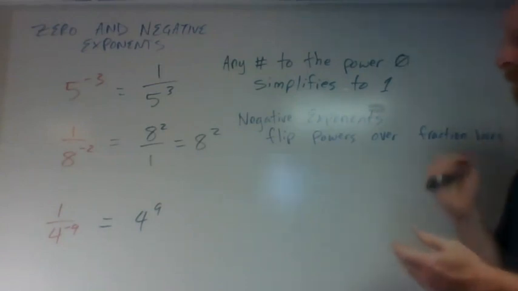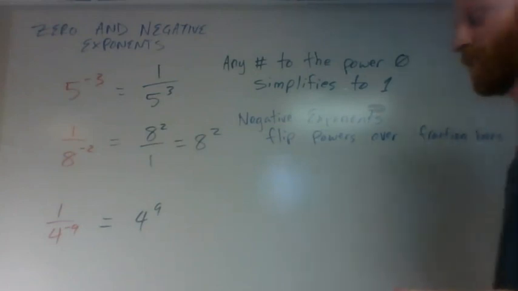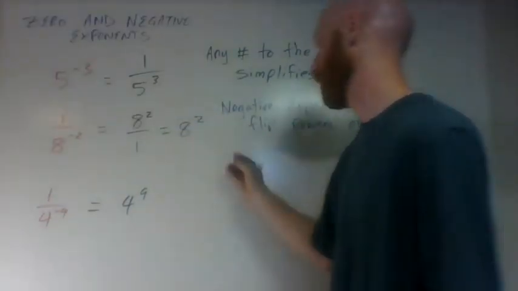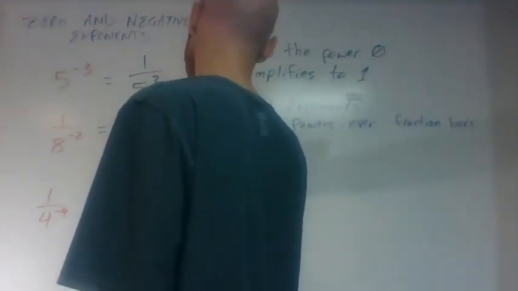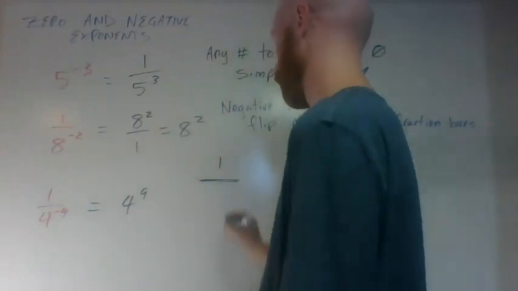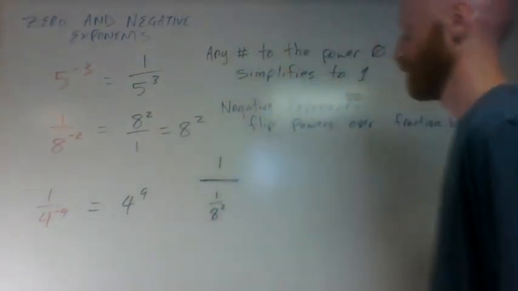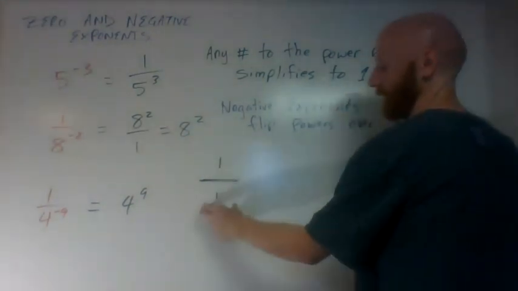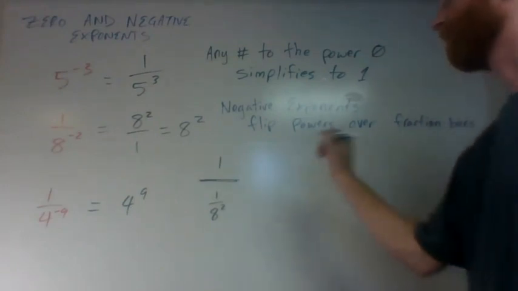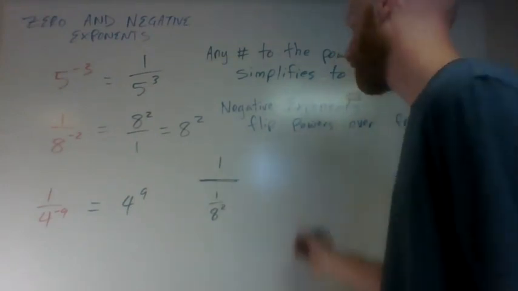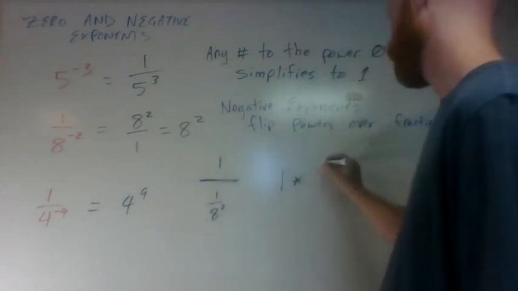why does that work? You're going to have to remember how division of fractions works. If we look at 1 divided by 8 to the negative 2, which is 1 over 8 to the 2, I'm dividing 1 by this fraction. Remember, if you're going to divide by a fraction, it's the same as multiplying by its reciprocal.